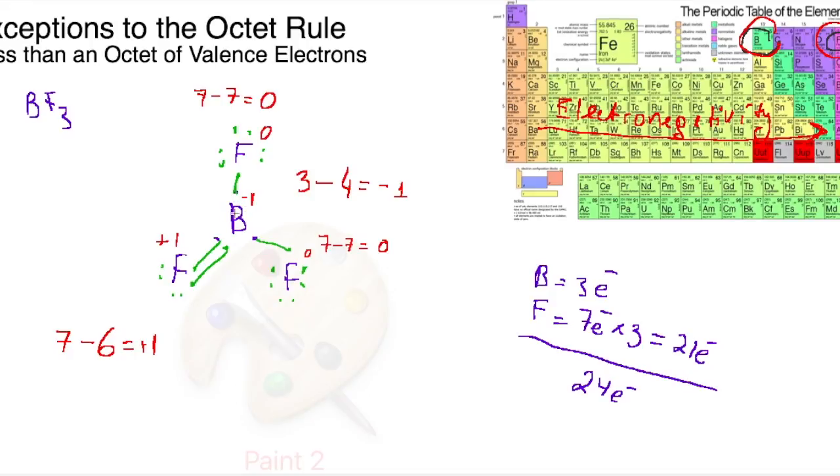So therefore, we're going to try to adjust it. We're going to have to break the octet rule, but we're going to make sure that we follow the electronegativity rule by breaking the octet rule. So how about if we give fluoride its 0 formal charge again?